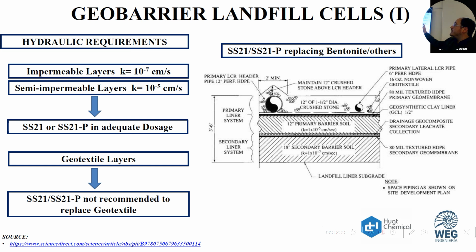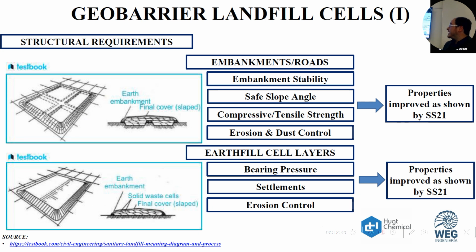So using chemical stabilization, basically we are independent from any soil on any site, basically in granular soils where the need of bentonite is really high in percentage of replacement. We have these structural requirements that we were talking about before for embankments and roads, which can be the perimeter of the landfill cell, or the roads that are the access to the landfill cell.